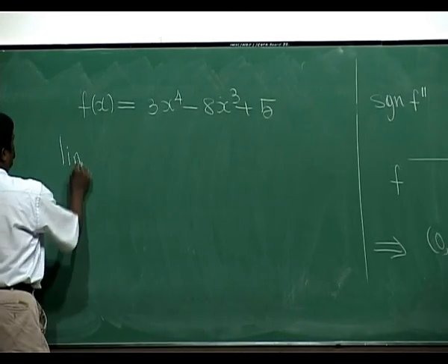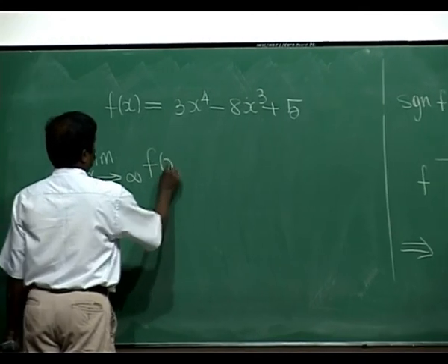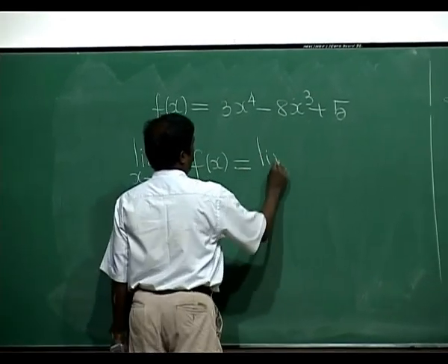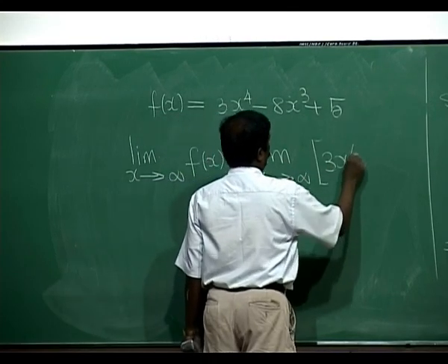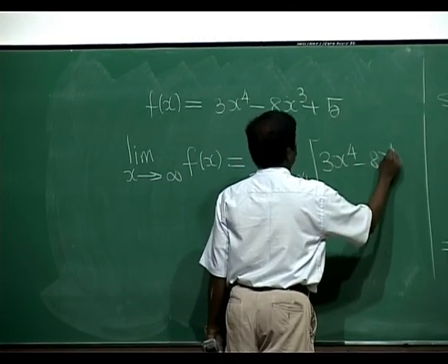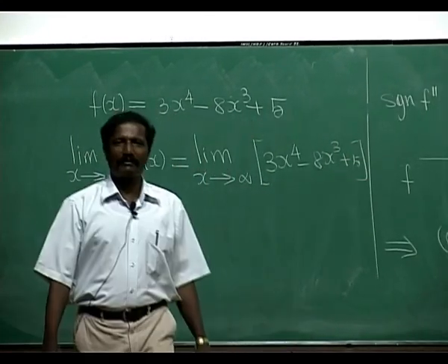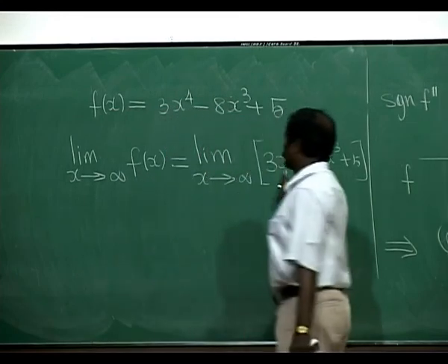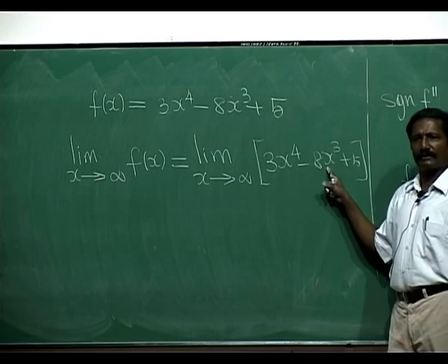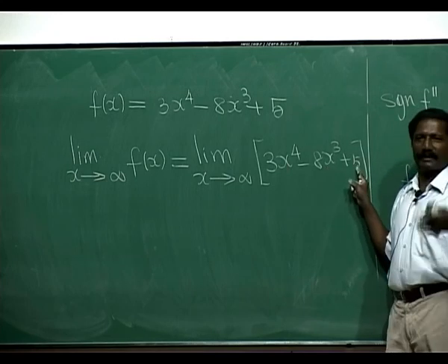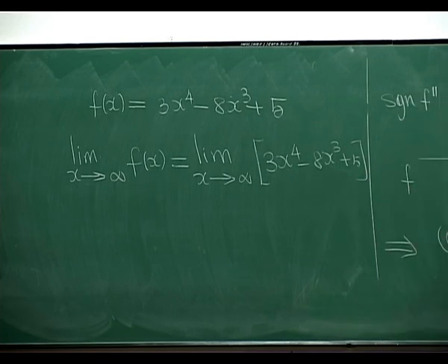We want to know the limit as x goes to infinity of f of x. How do we deal with this? This 3x power 4 is going to infinity, this is also going to infinity, and the plus 5 we can ignore. So then we have infinity minus infinity, so we are not able to decide.